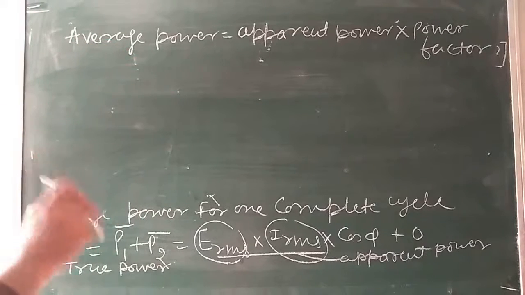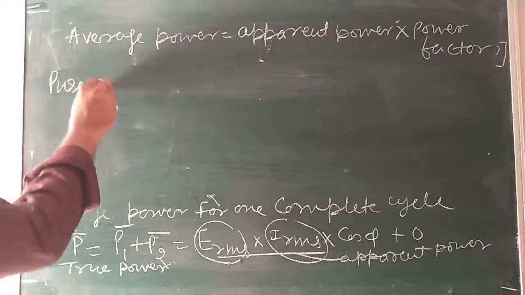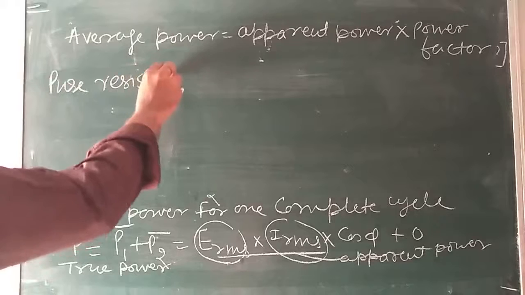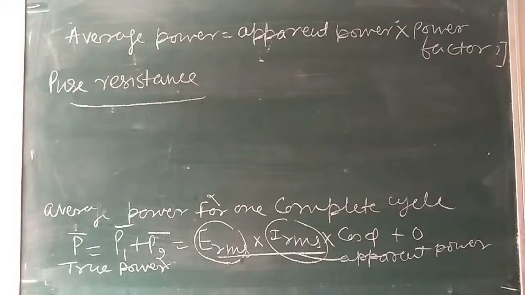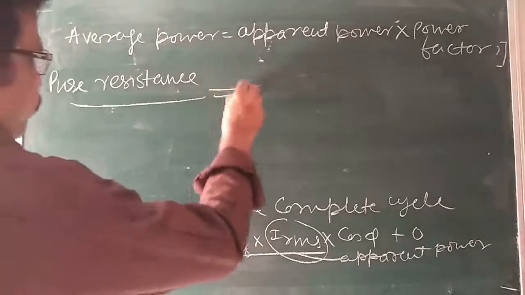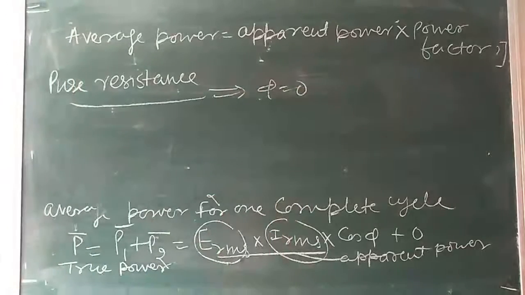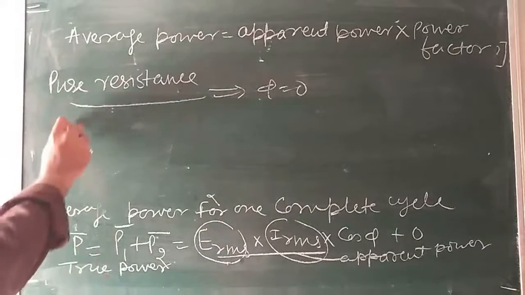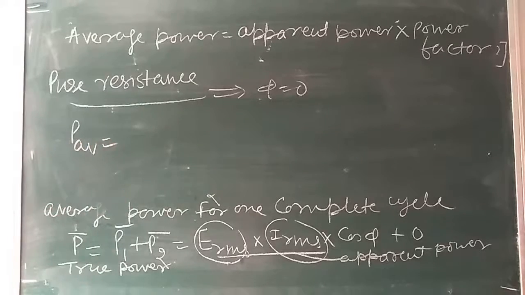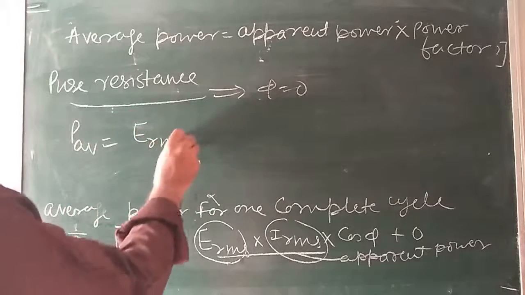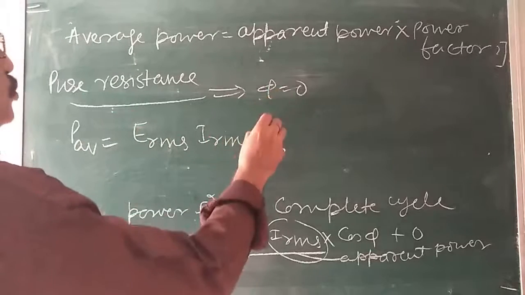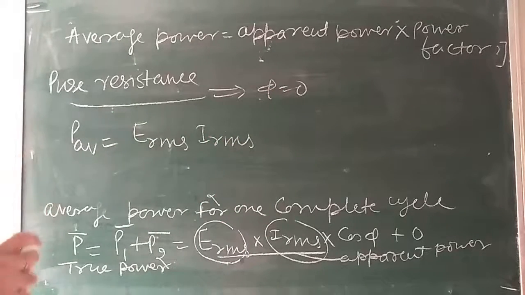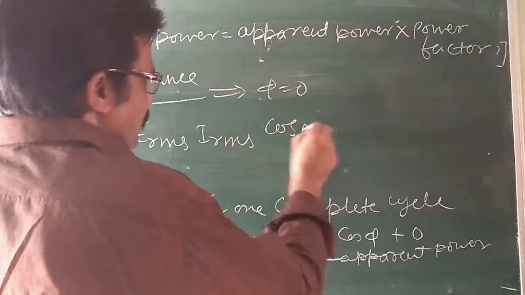So we can see, dear children, this is the result here. If the AC circuit contains only pure resistance, so we know very well the phase angle between voltage and current is 0. Phi is equal to 0. When phi is equal to 0, then according to our formula, P average is ERMS, IRMS, cos phi, and cos 0 is equal to 1.